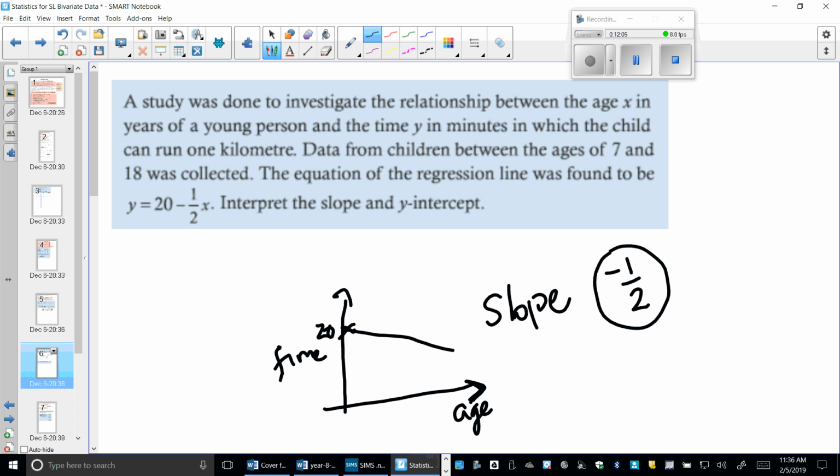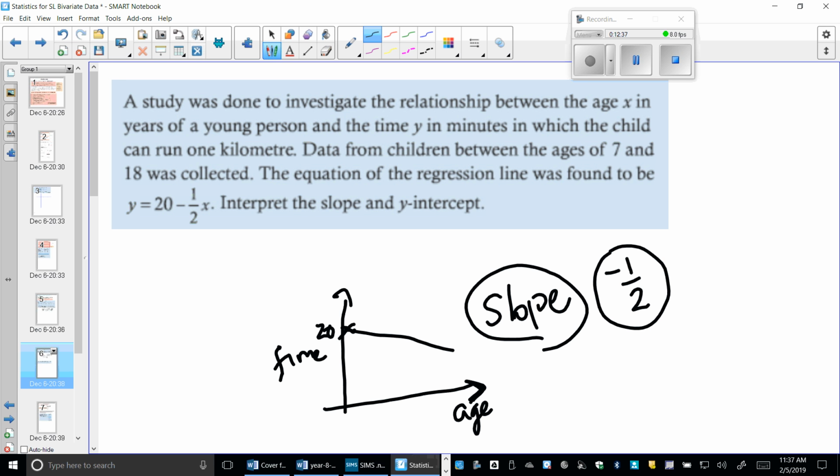So, tell me, what does this show us? It tells us that as a child gets older, it takes them less time to run the race. Yes? So the slope is telling us that information. It's helping us determine that as a child gets older, the time that they take to run it is getting less.